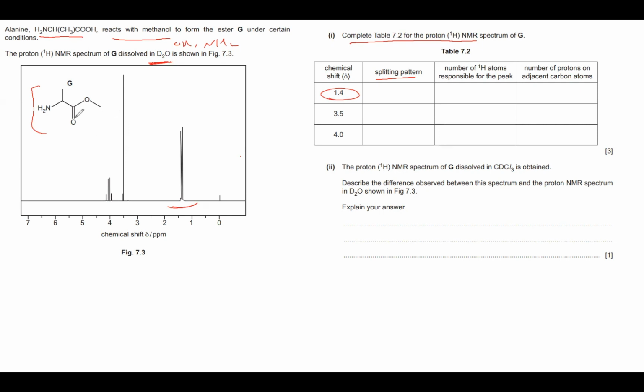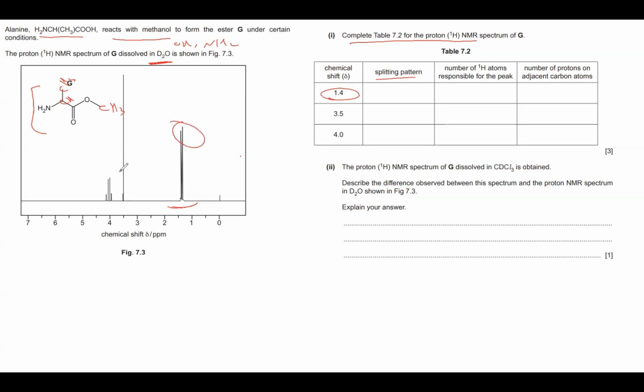To make the question easier, just try to show the carbons and hydrogens. For example, here we just write CH3, here we write CH3. So here we have CH.